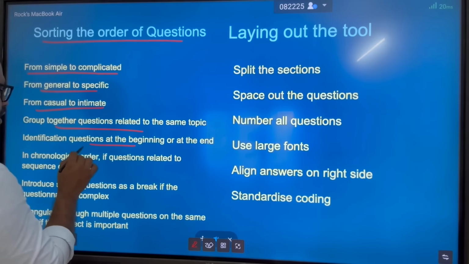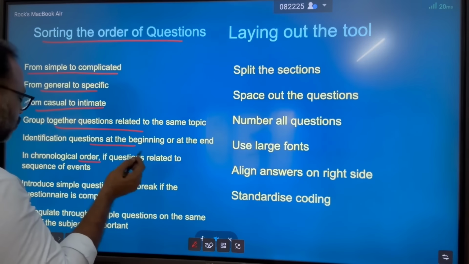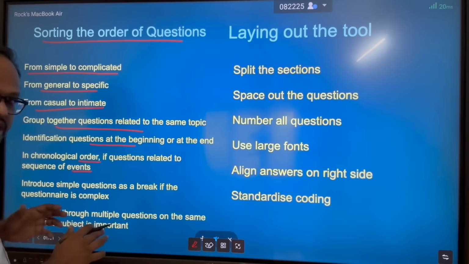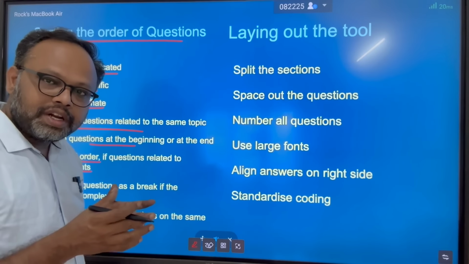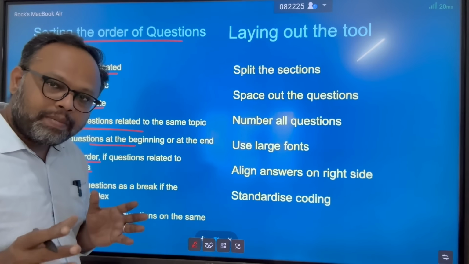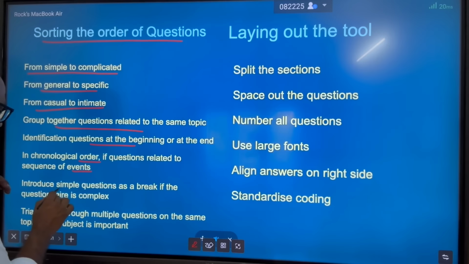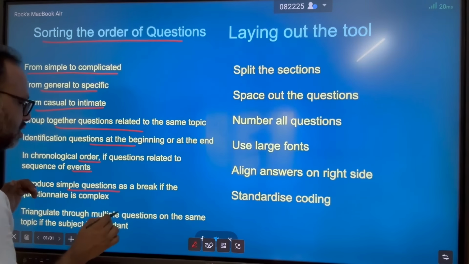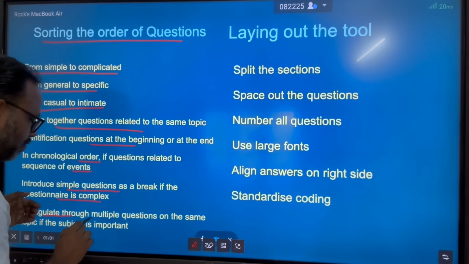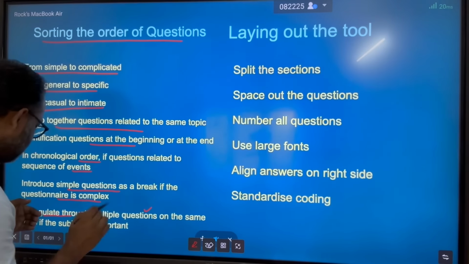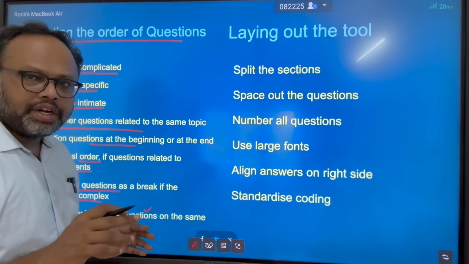It should also be in chronological order if the questions relate to a sequence of events. Suppose you are asking antenatal history, the other antenatal risk factors also can be completed all together. Then we have to introduce simple questions as a break if the questionnaire is too complex. Then we can triangulate the information through multiple questions on the same topic, which we use in qualitative research also.